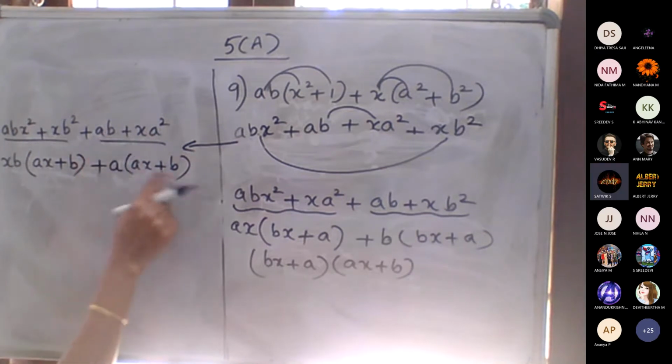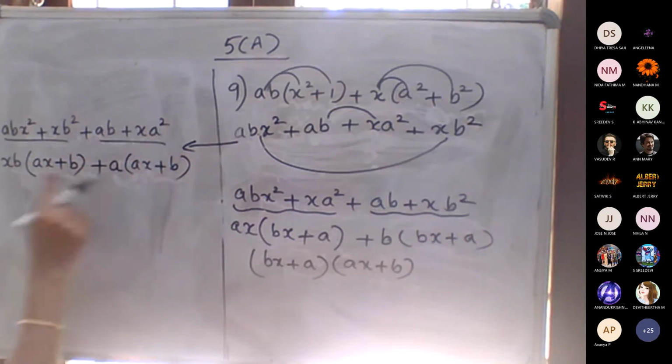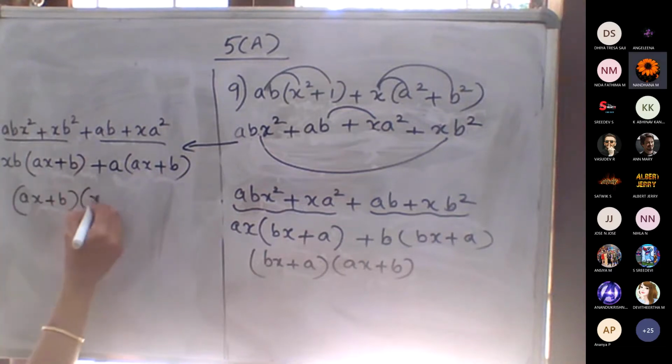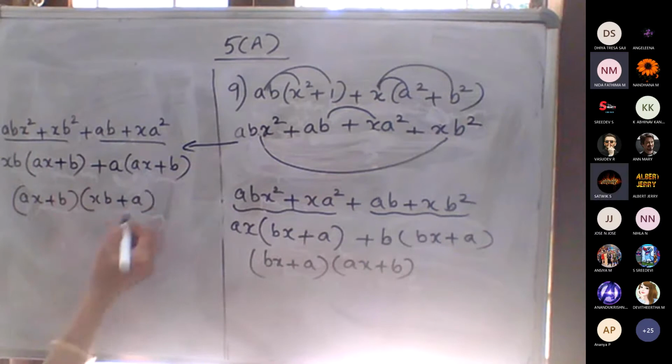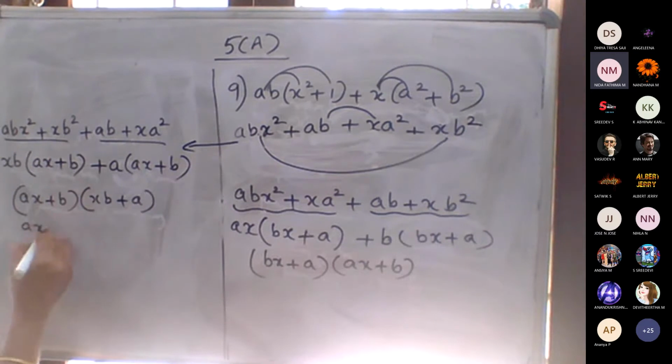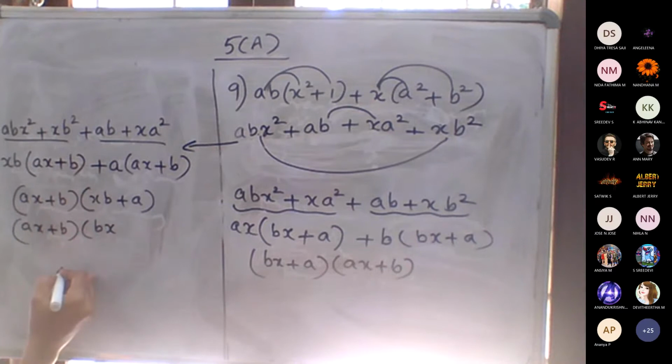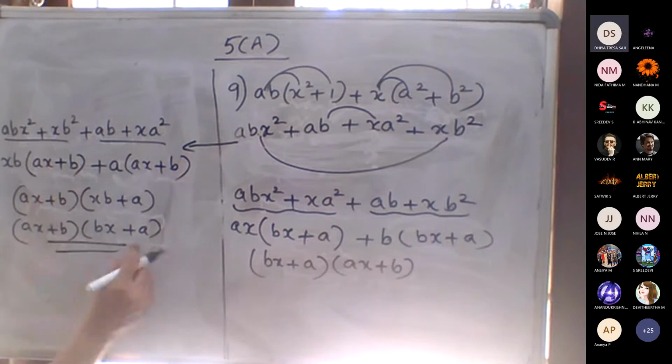Then ab means a into b. Then from here ax plus b we can take common. Balance is what? xb plus a. That is, xb is same as bx, no? bx plus a. So same answer, bx plus a. Yes, ma'am.